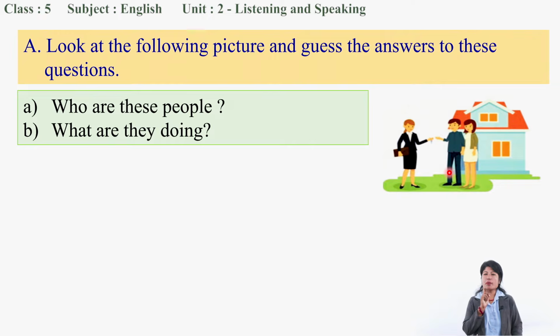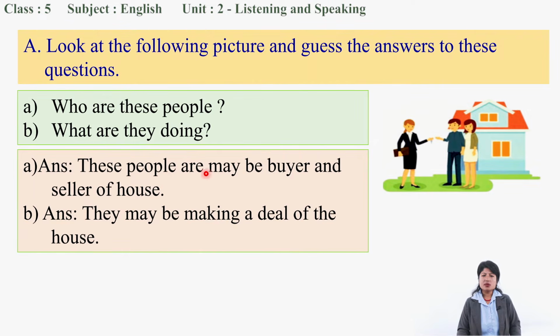Let me show my guesses. Okay, here are the answers. You also make your own guess and check whether your guesses are right or wrong. Okay, here are my guesses. These people may be buyer and seller of the house. This lady must be the seller or agent, right?